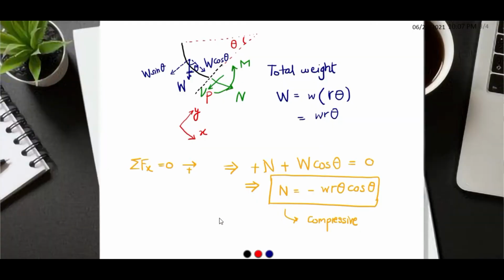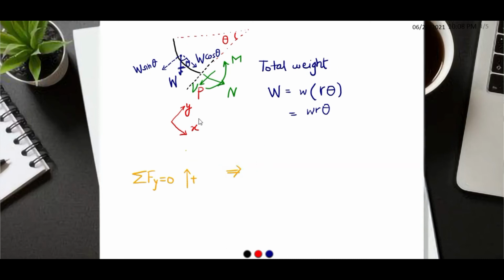Now let's apply in the y direction. See, our y direction is this direction. We see that W sine theta acts opposite to this direction, so minus W sine theta, and V is also opposite to the assumed y direction, so V equals to 0, as there is no other force in the x direction.